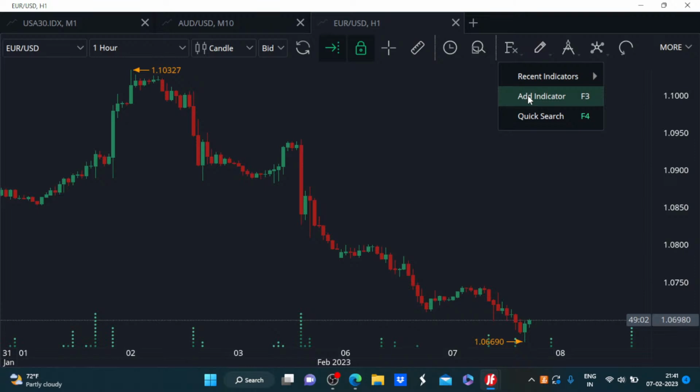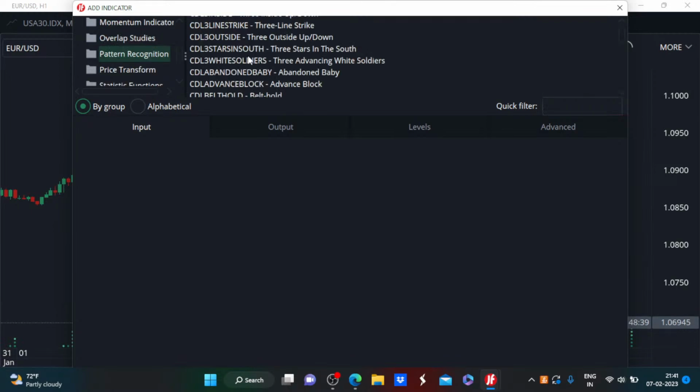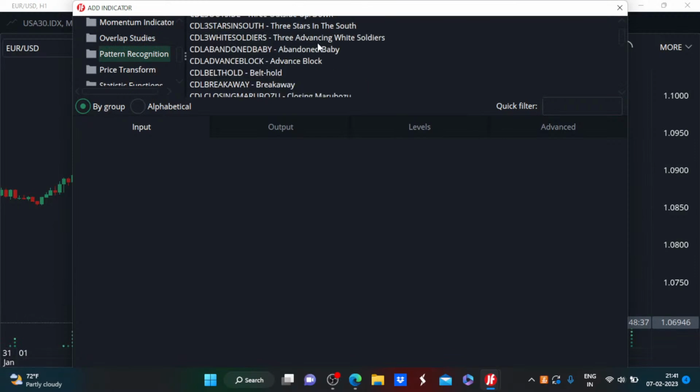There you will find it amongst the pattern recognition. Here you will find it just below Abandoned Baby, Advanced Block.